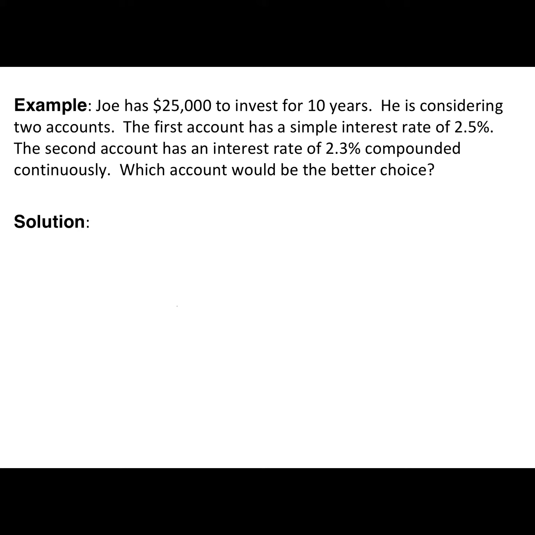So let's start with account 1. Account 1 is a simple interest rate, so we're going to use A equals P times 1 plus RT. And what do we know here? What is P? P is 25,000.